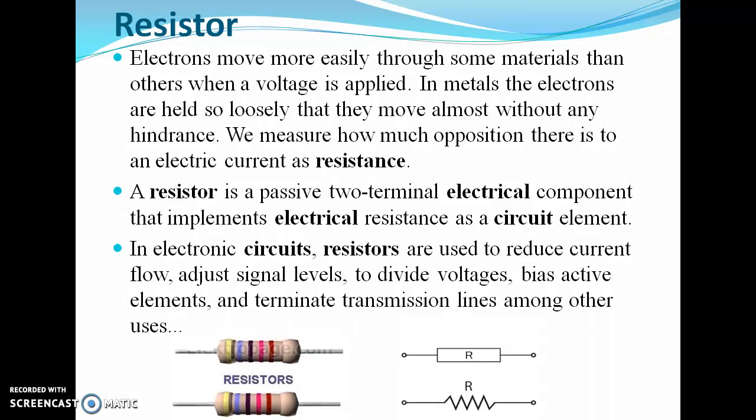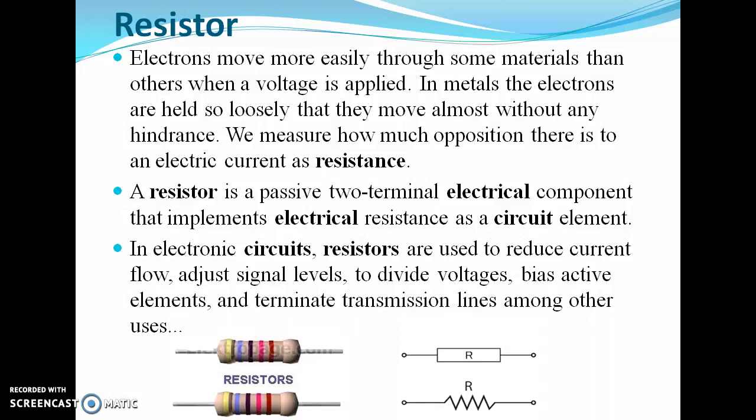So this is in case of metals. So we measure how much opposition there is to an electric current as resistance. So whatever opposition is offered inside a metal to the free movement of electrons, that is known as resistance.